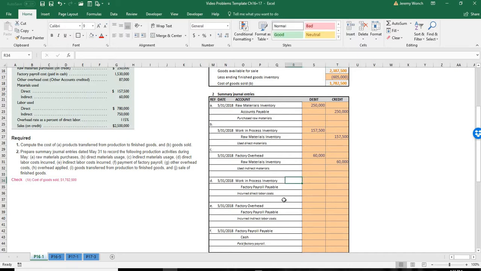Next we want to figure out what our direct labor costs were, and the direct labor cost was 780,000. Then we want our indirect labor costs, which they give us at 750.